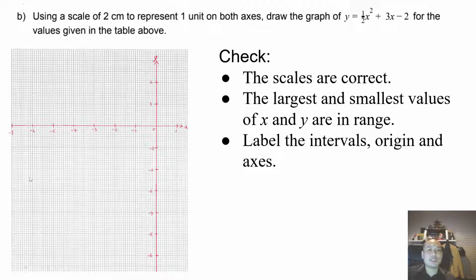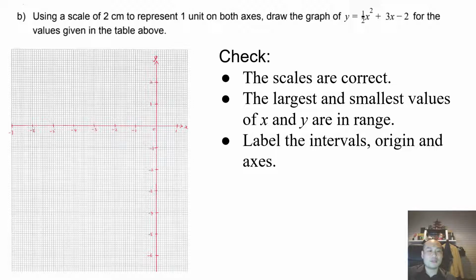If you position your axis in the wrong place, you may run out of space on the graph paper, and you will probably have to redraw your graph, and we don't want to waste that kind of time. So just double check that your axis, interval, and range are okay before we begin plotting.